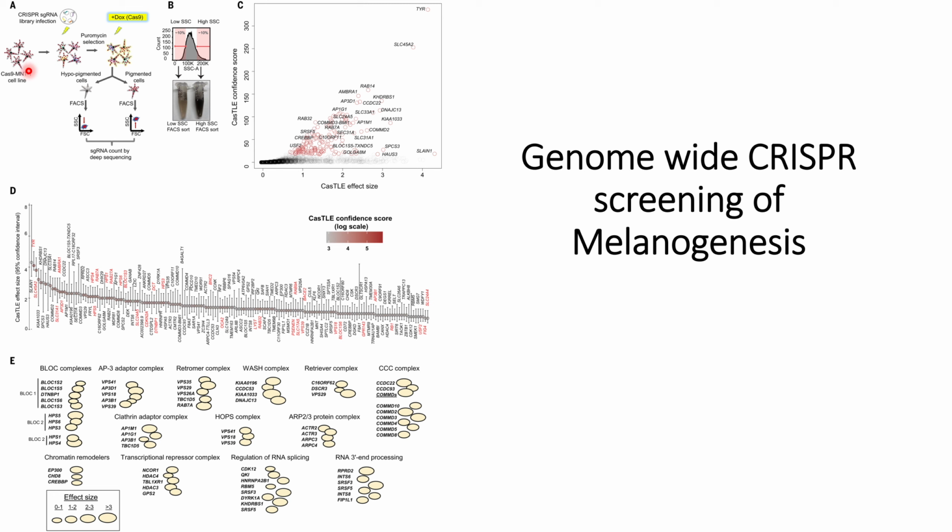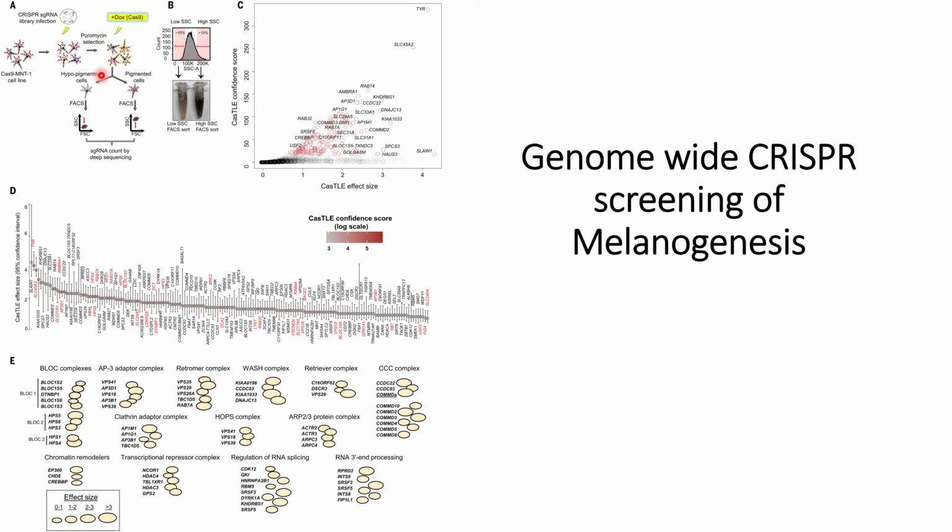What they did is infect these cells with different guide RNAs with the CRISPR library infection, and after that they did puromycin selection to get rid of the cells that are not infected, and then they treat the cells with doxycycline.